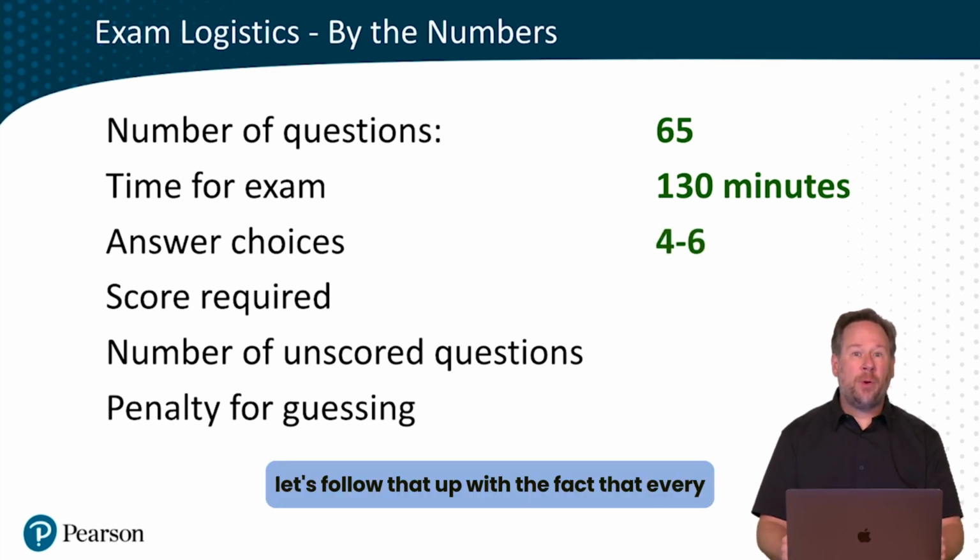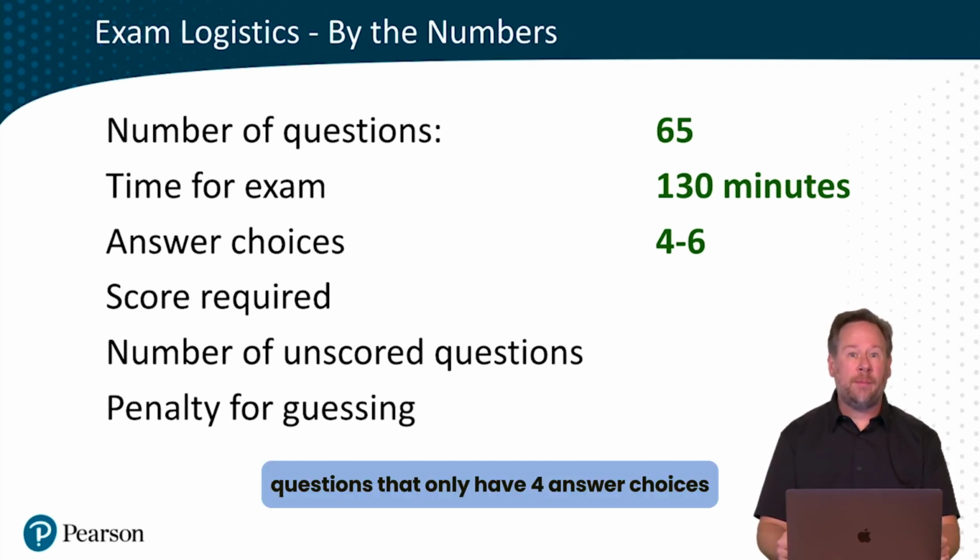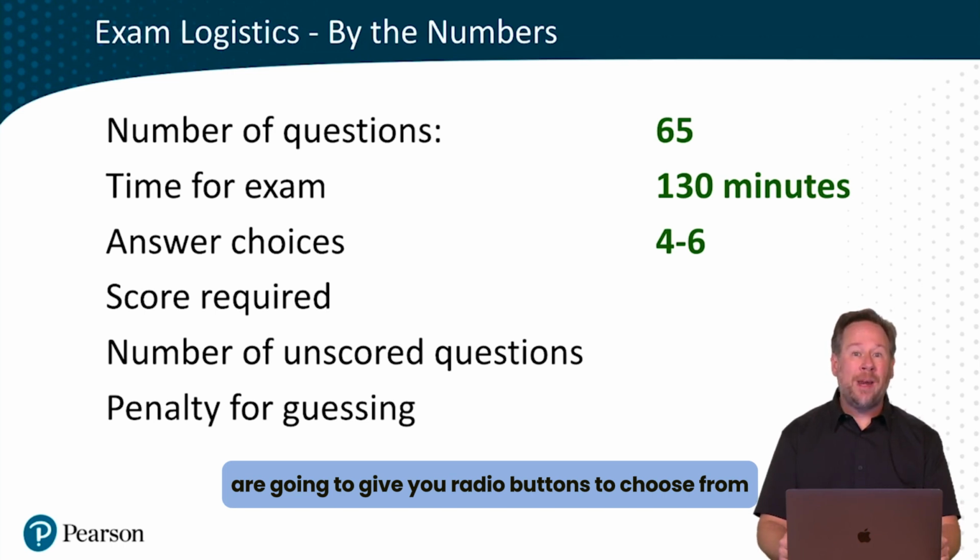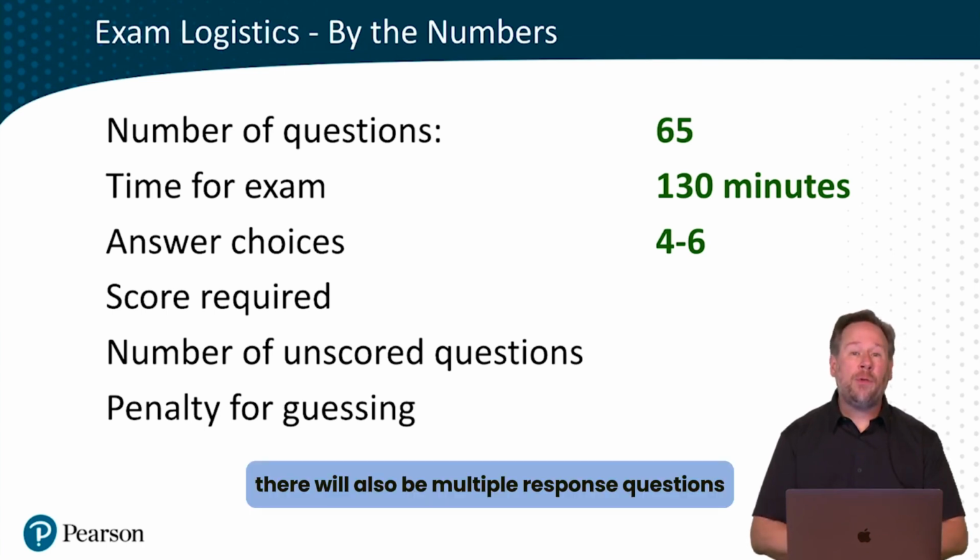Let's follow that up with the fact that every question is going to be multiple choice. Questions that only have 4 answer choices are going to give you radio buttons to choose from, where you can only pick one as the correct answer. There will also be multiple response questions.